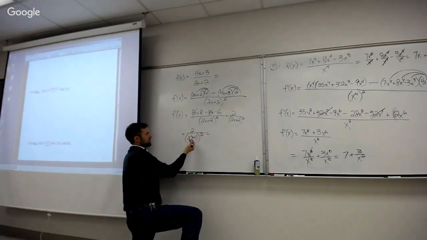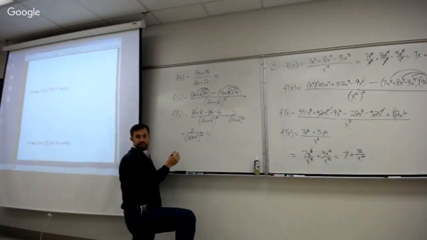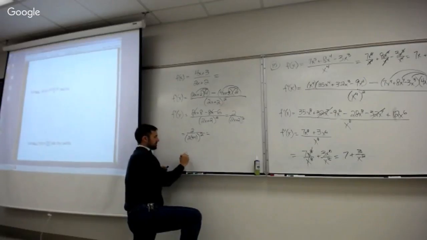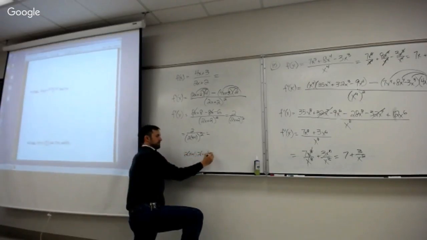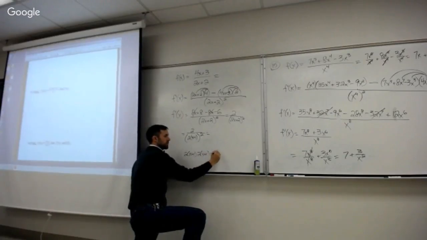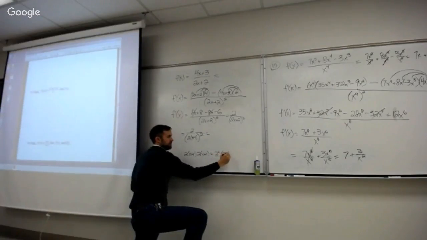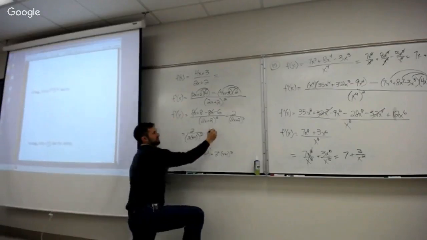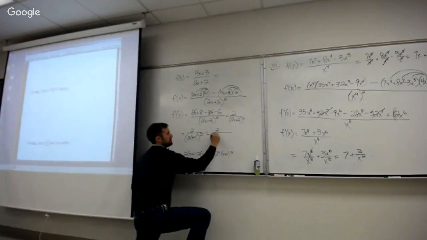Since we're squaring the 2 times x plus 1, put that in, aren't we? Because it's going to be 2 times x plus 1 times 2 times x plus 1. So that's really 2 times 2 is 2 squared times x plus 1 squared. Is that right? So now we have 2 over 2 squared times x plus 1 squared.